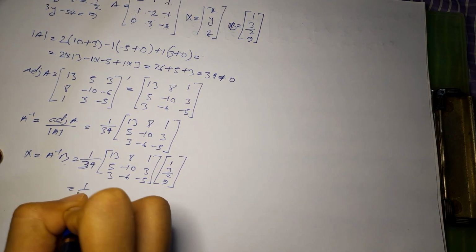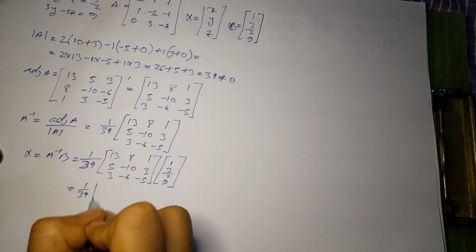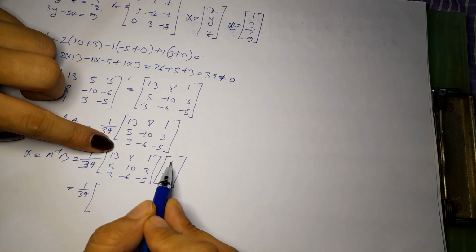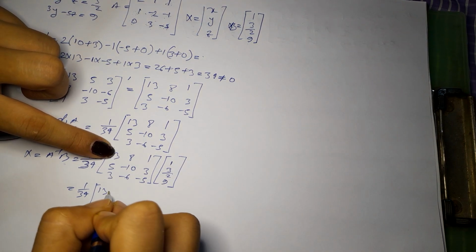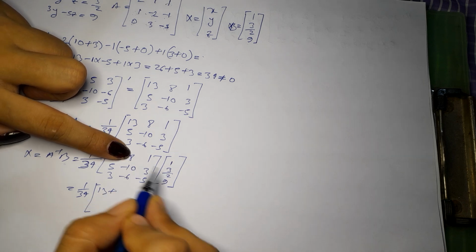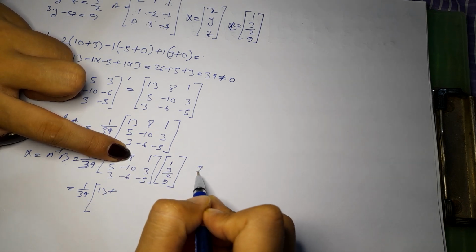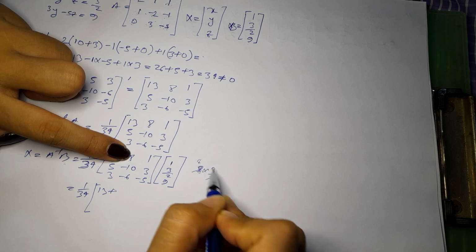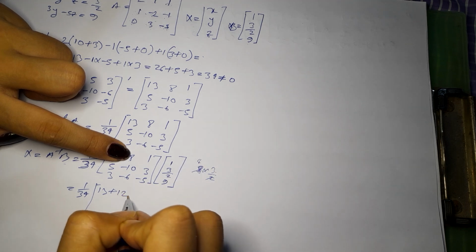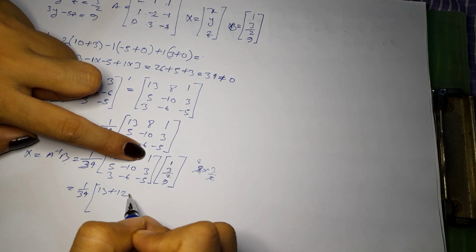So it will give 1 by 34. Eliminate the row and column. So it will give 13 ones are 13, plus 8 into 3 by 2. The 2 and 8 will cancel: 4 threes are 12. So it will give plus 12. Now this will give plus 9.